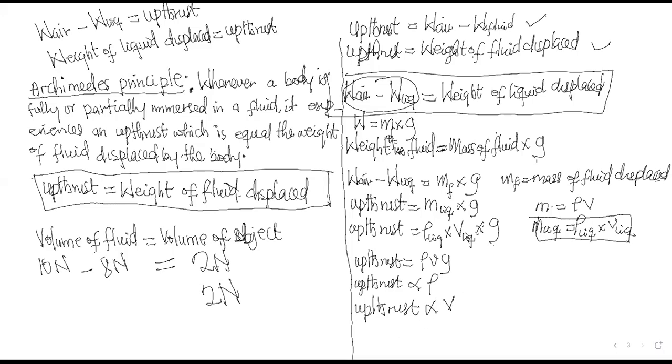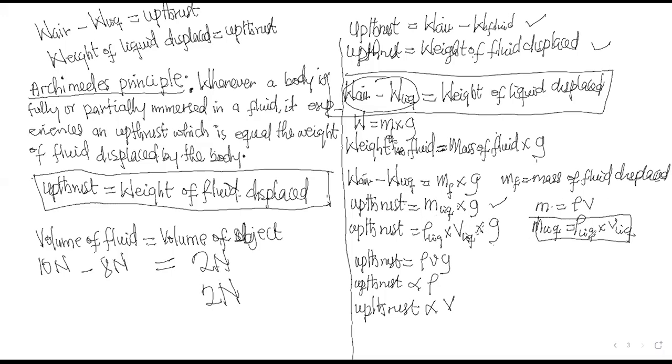Sir, please, can you take from upthrust is equal to the mass of liquid and gravity? You see, upthrust equals mass of liquid displaced times gravity. But we can also express mass in terms of density and volume, because mass is density times volume.